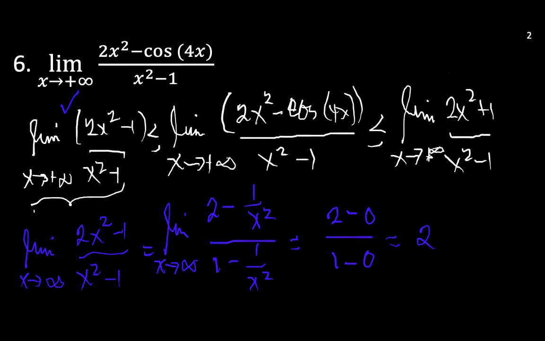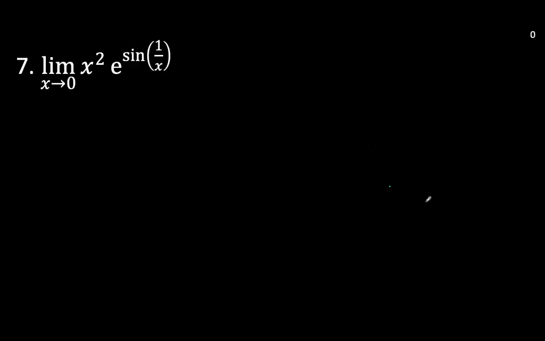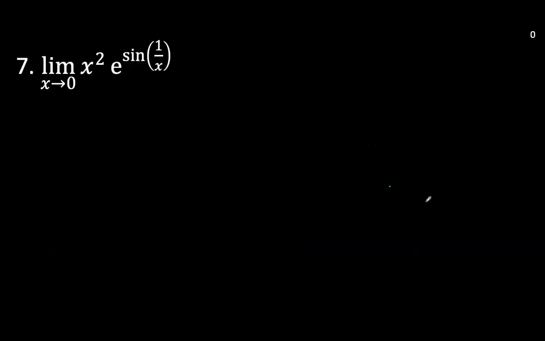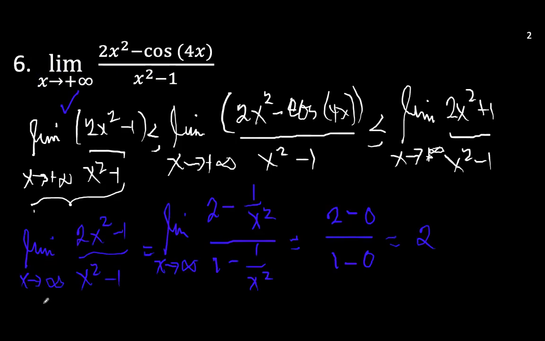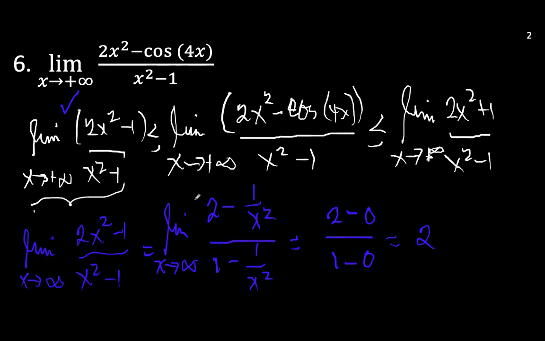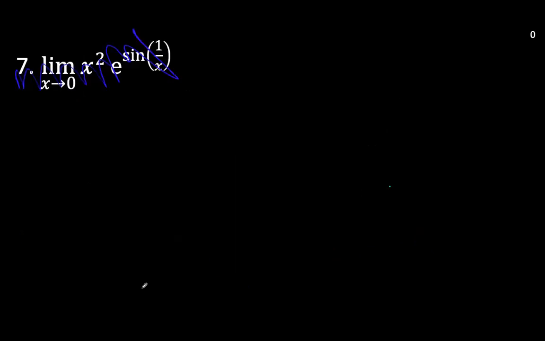Now we need to find the limit of the right-hand side, so let's move on to the next solution. Let's cross this out first, and let's use red for the right-hand side. The right-hand side is this, 2x squared plus 1, so let's work on that.